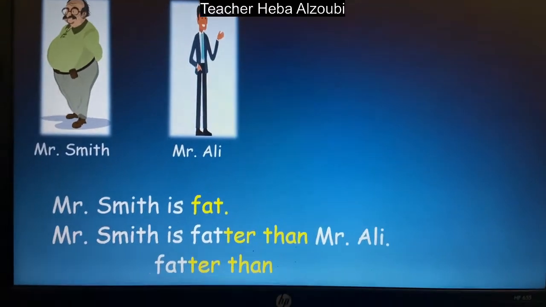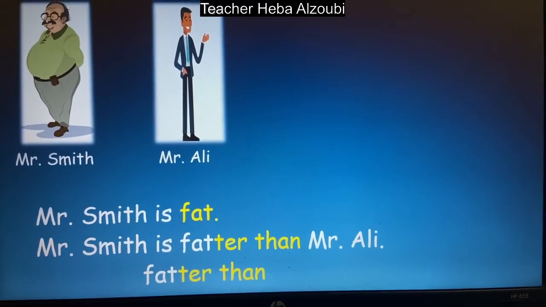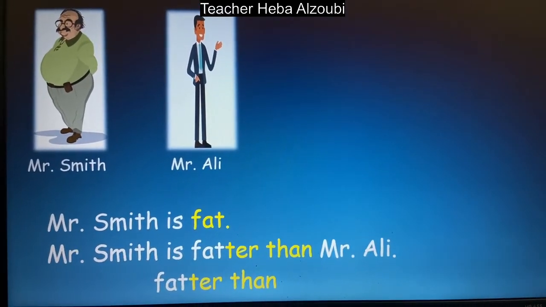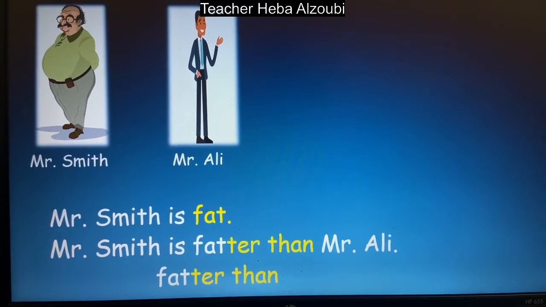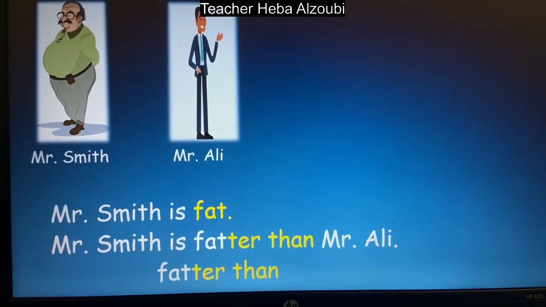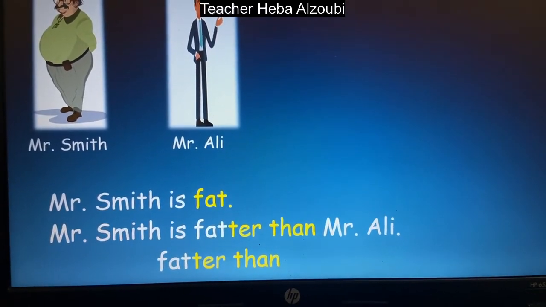Now, look at these men. Mr. Smith and Mr. Ali. Of course, you remembered them. So, Mr. Smith is fat. Mr. Smith is fatter than Mr. Ali. Look at this adjective, fat.